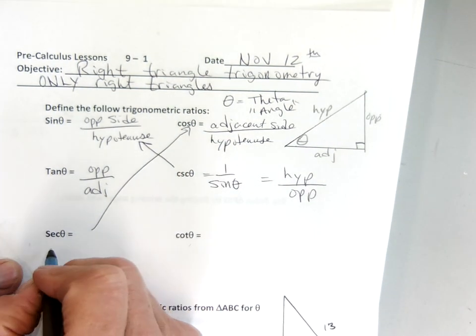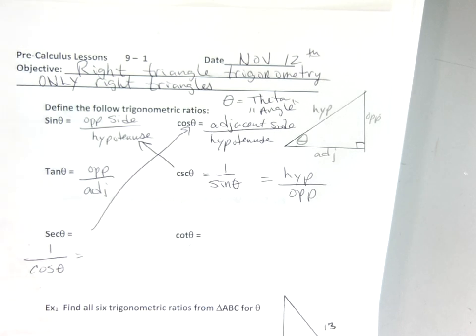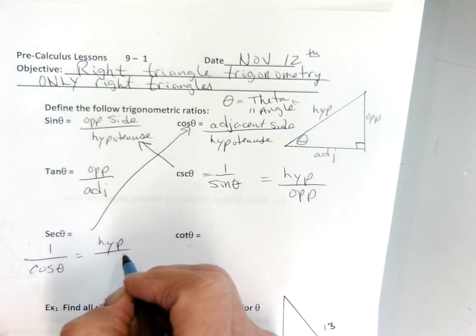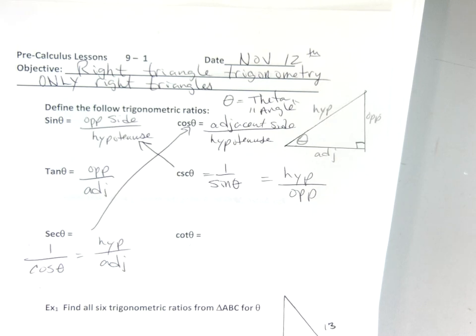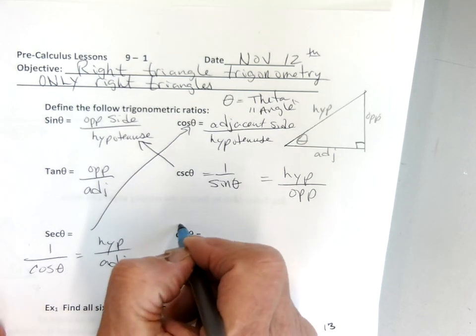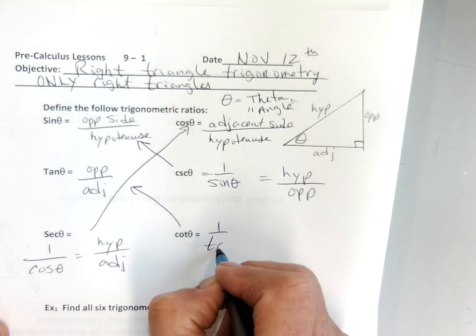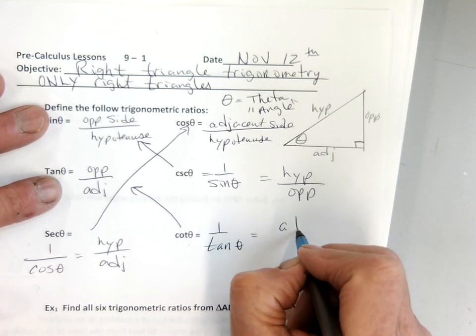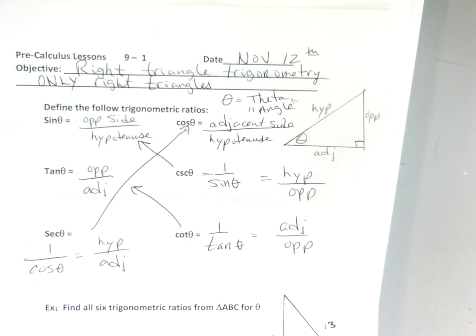So the secant is really 1 over the cosine of theta, which makes the relationship of the hypotenuse over the adjacent side, okay? And the cotangent is the inverse of the tangent, so it's 1 over the tangent, which is the same thing as the adjacent side over the opposite side, okay? Pretty easy, right?